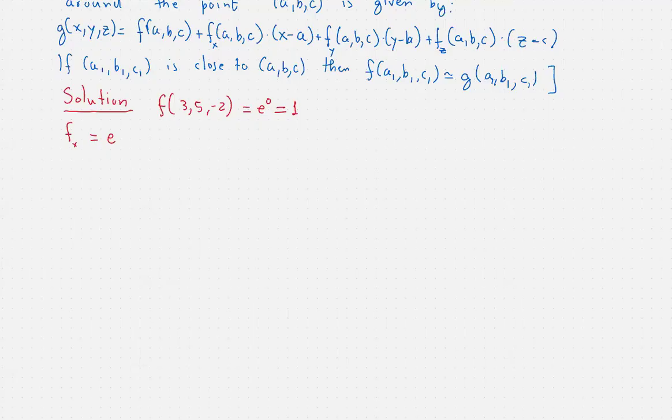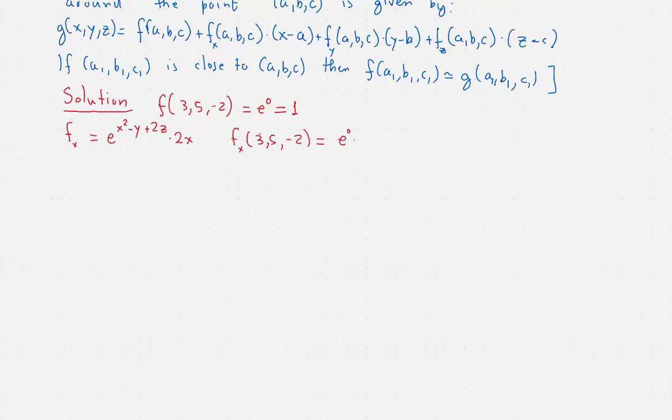So in our case, we need to multiply by the derivative of the exponent with respect to x, and that's 2x, because we consider y and z to be constant. And of course, if we plug in the point under question, we're going to simplify, find e to the 0 times 2 times 3 equal to 6.